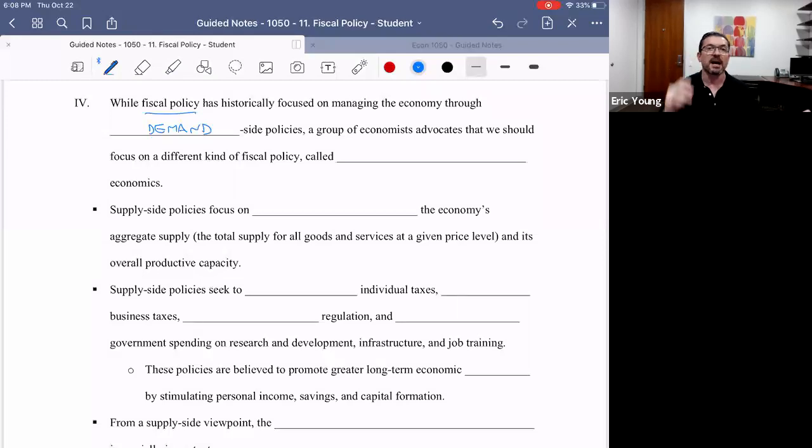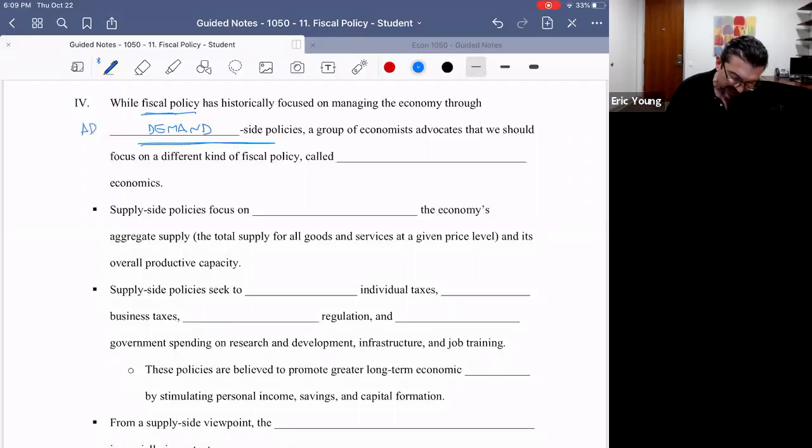Everything we've done up until now with fiscal policy has been, increase G or decrease taxes to increase C and I. And again, we know our GDP formula, that Y, which is AD, aggregate demand, is C plus I plus G plus X minus M. So historically, fiscal policy has really been focused and attentive to demand side policies, to policies that affect aggregate demand, AD.